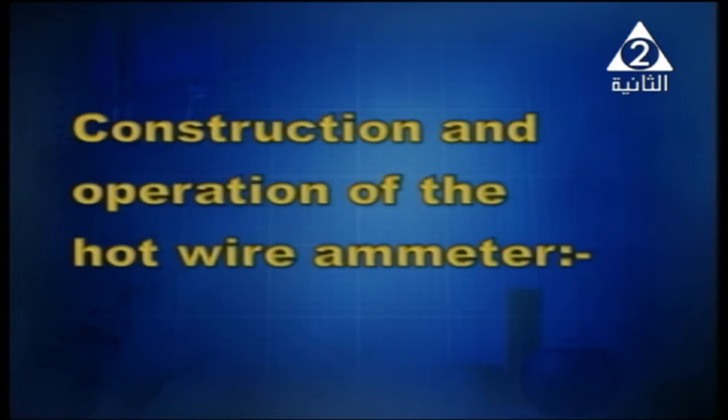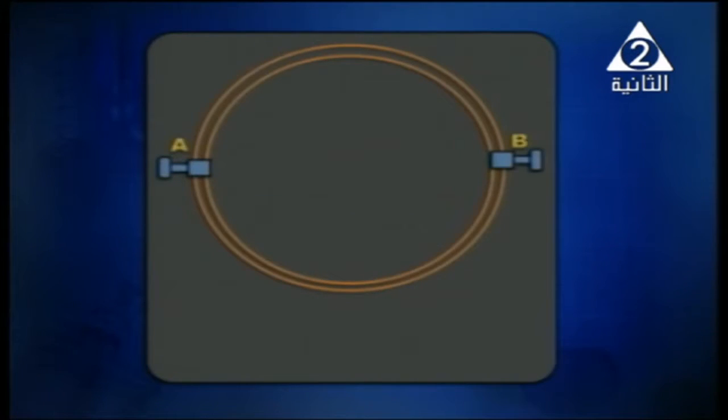First of all, construction and operation of the hot wire ammeter. In front of you, we've got the main components. First of all, we've got thin wire or resistance wire, and it is made of platinum iridium.